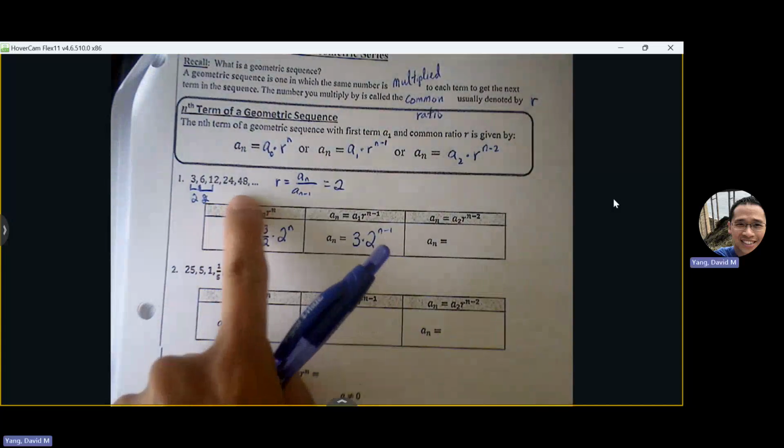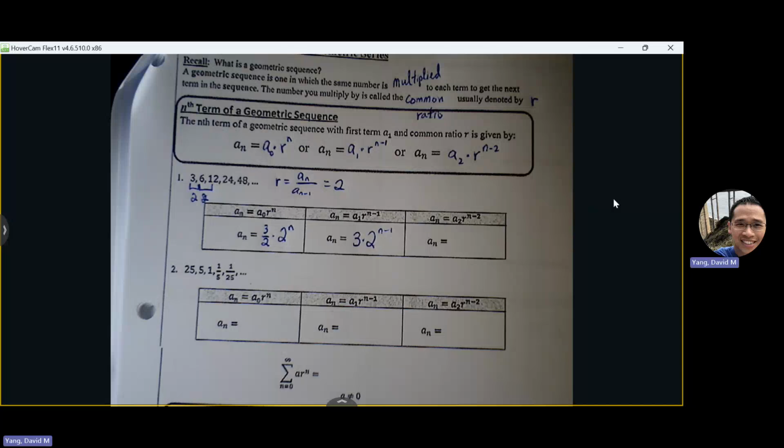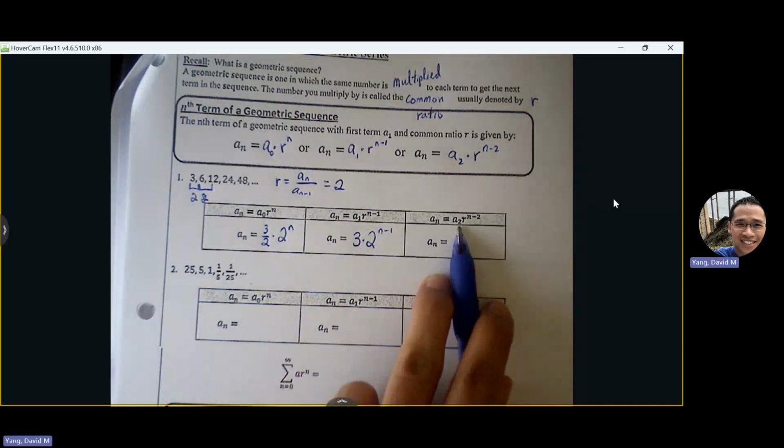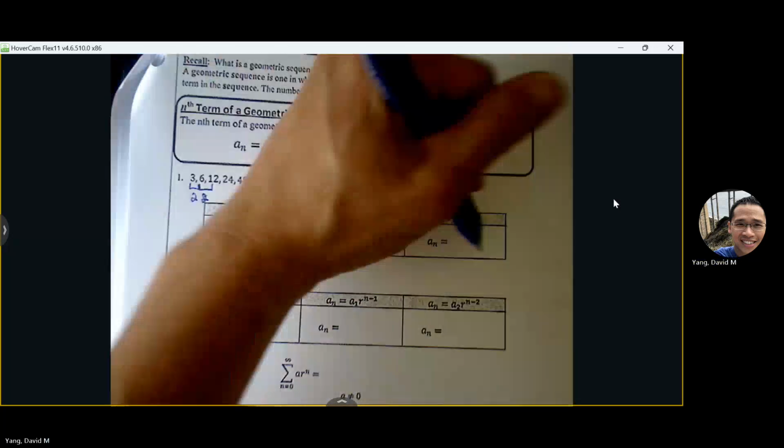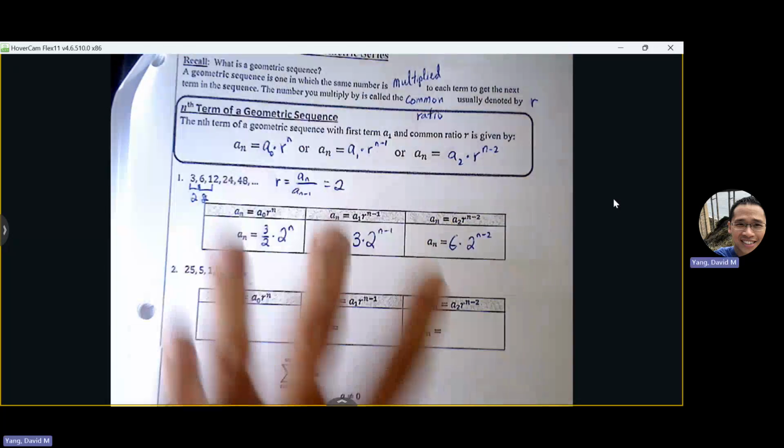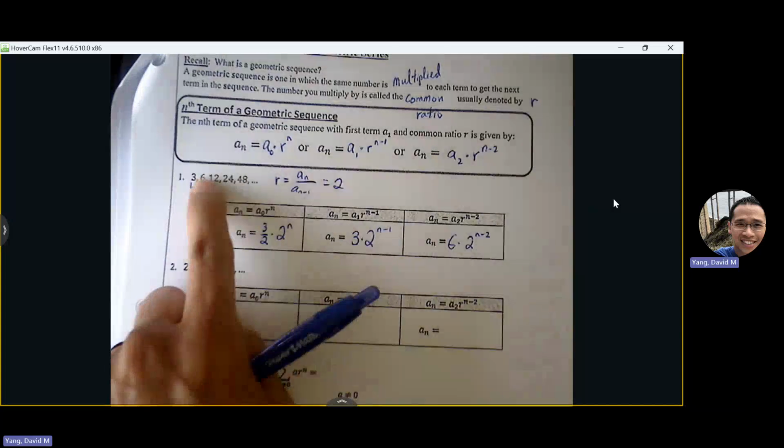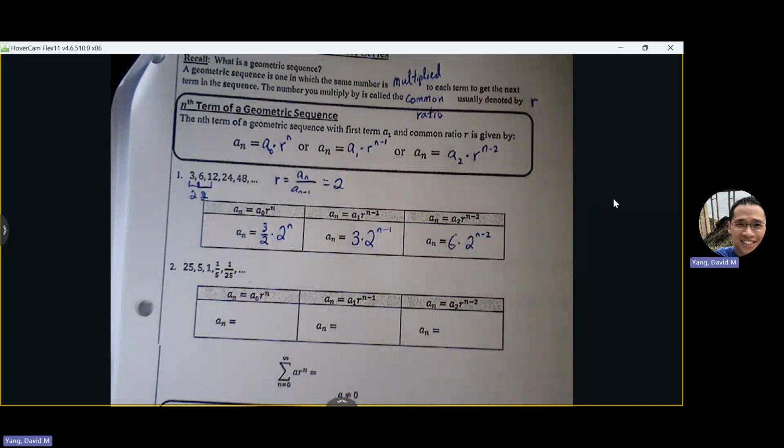And if I start off with the term before it, a sub 0, times 2 to the n, that would also get me to those indicated terms. We can also start at the second term, 6 times 2 to the n minus 2. So all of these will get us the list of terms.